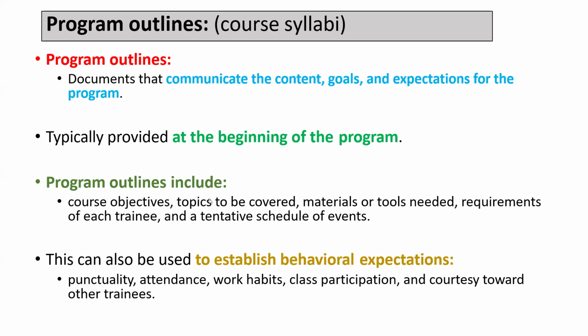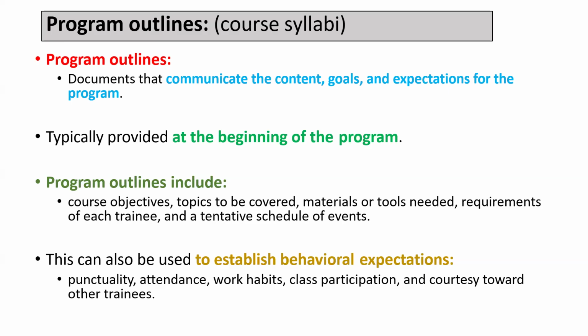Right. So basically, syllabi or the course outline, the program outline, include the following: course objectives, topics to be covered, materials and tools needed, requirements of each trainee, and tentative schedule of events. The classic example is our program outline, the course outline, C1 form.